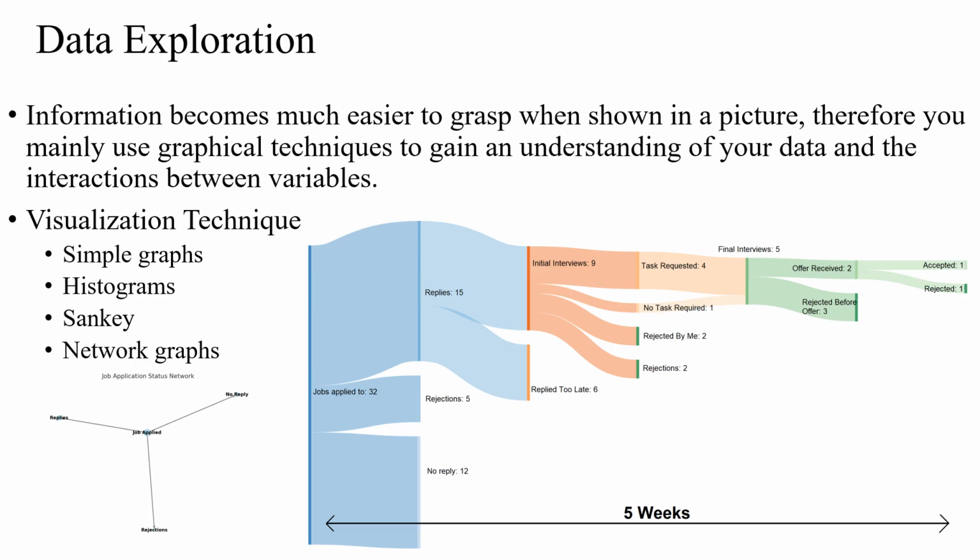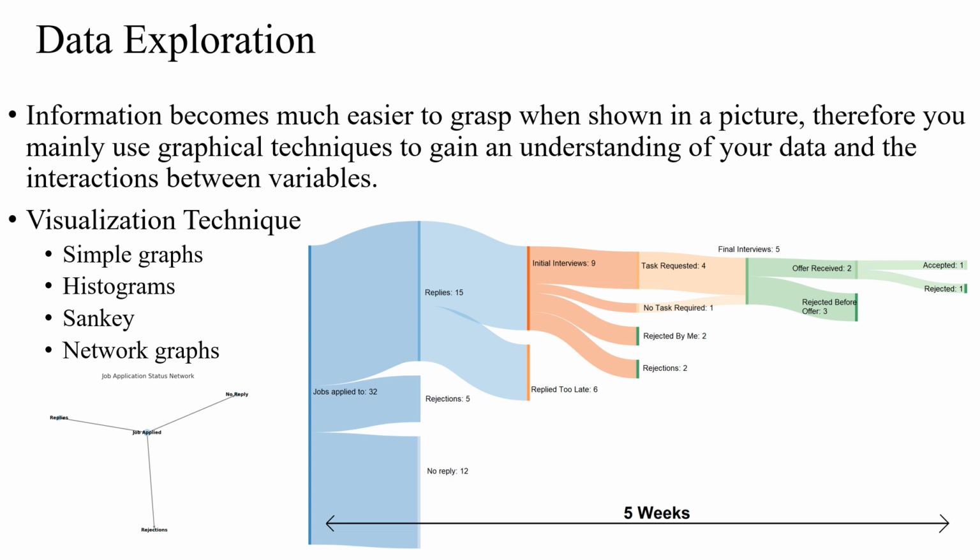He got replies from 15, five companies rejected him, and there was no reply from 12 companies. Among the 15, he had interviews with nine companies, a task was requested by four, and he received two offers and accepted one. By seeing the visual representation, one can easily understand what happened.